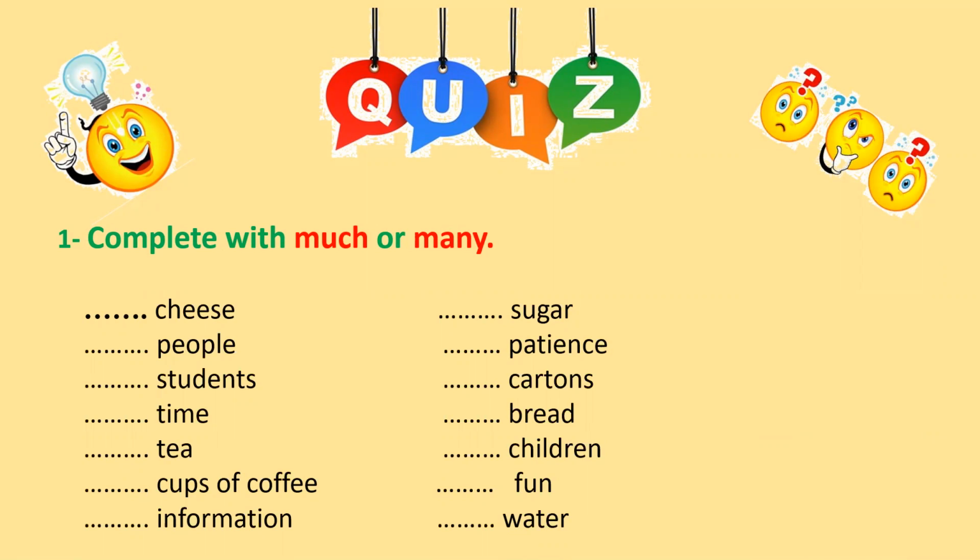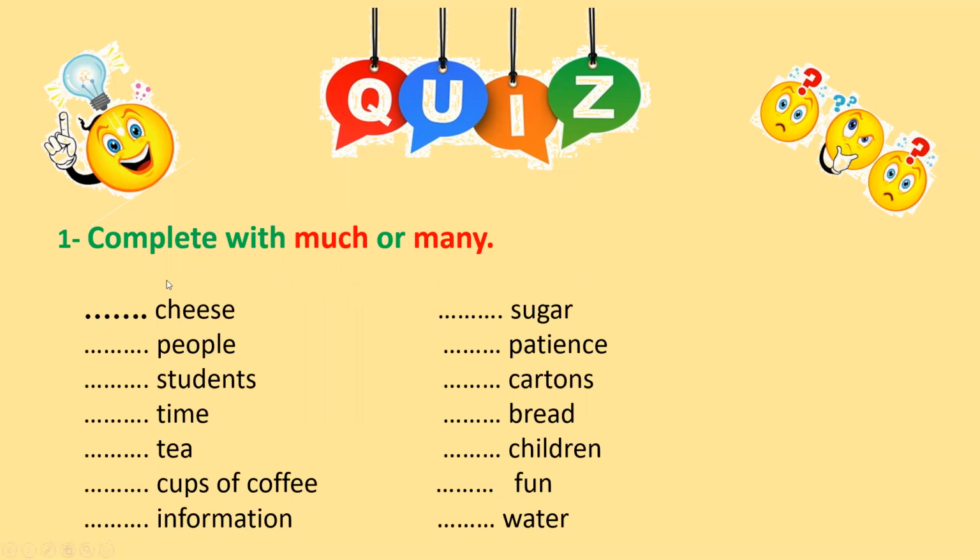Cheese, people, students, time, tea, cups of coffee, information, sugar, patience, cartons, bread, children, fun, water. Knowing that we use much before uncountable nouns, and we use many before plural countable nouns.